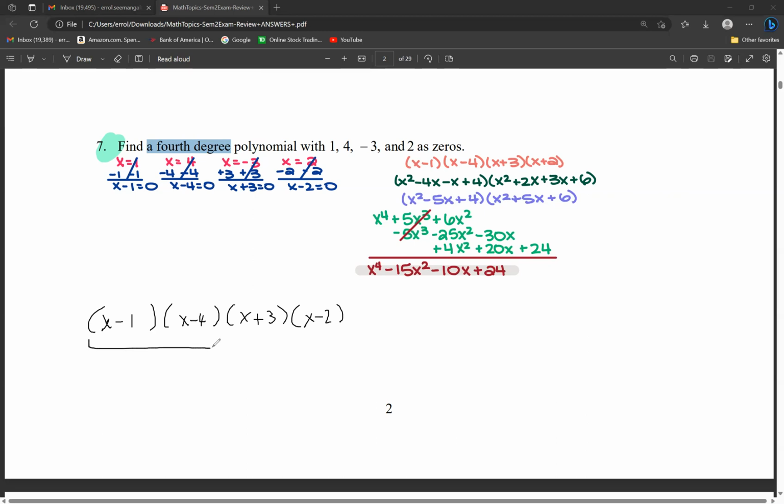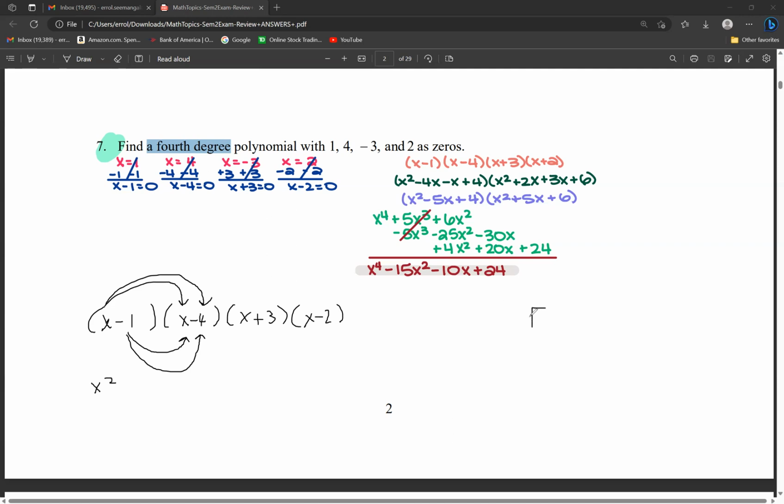You can multiply these two first, and then these two. So FOIL these two: first, outside, inside, last. Tell me what to write for that one. x times x. So fronts, it's x squared.